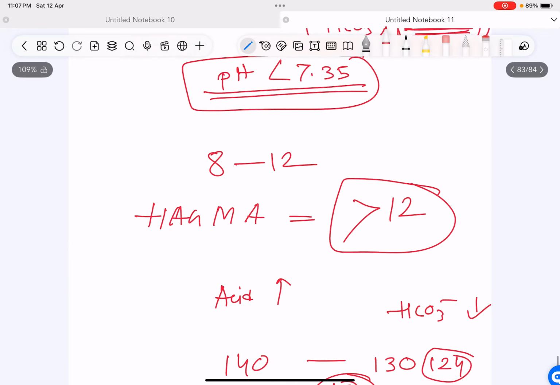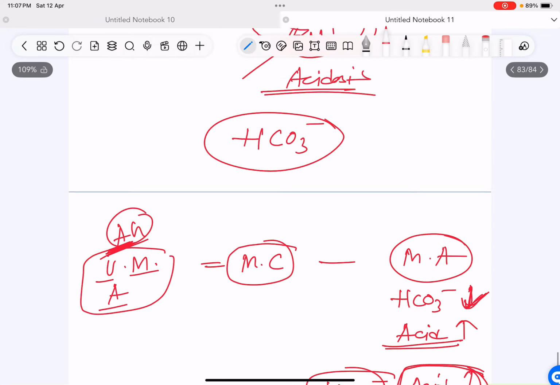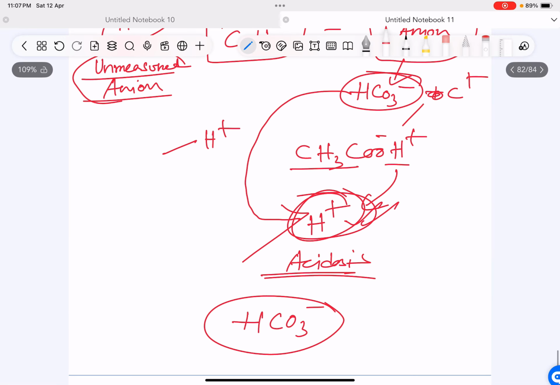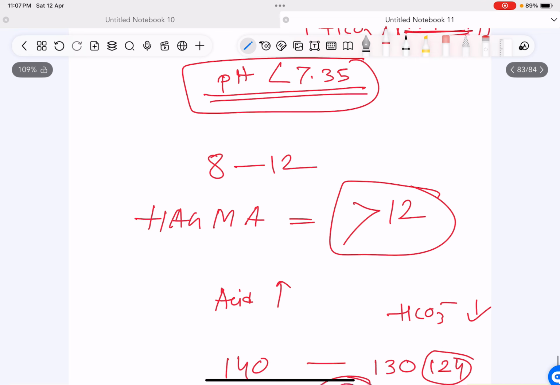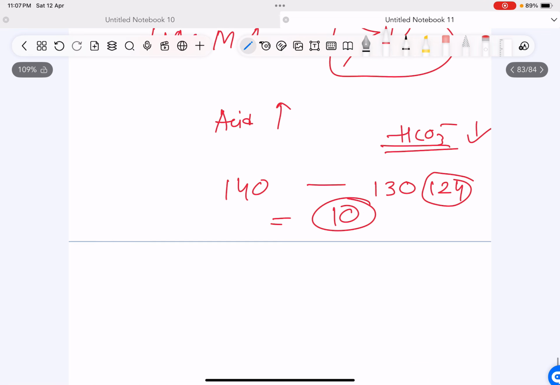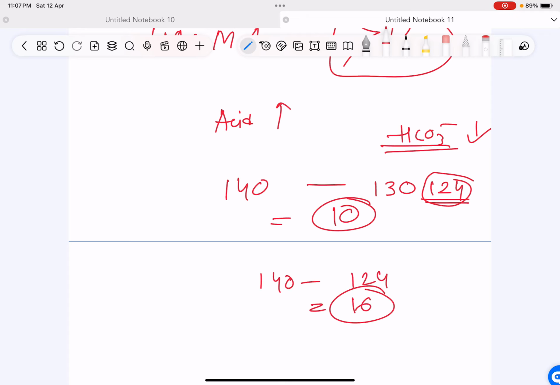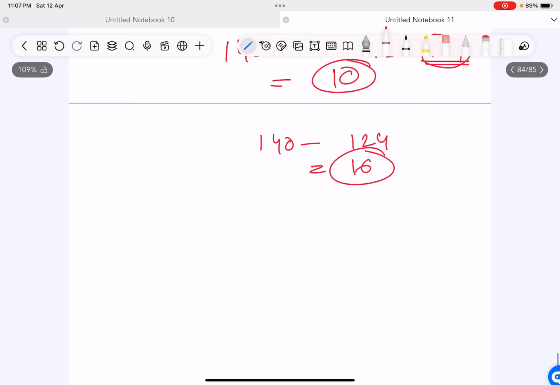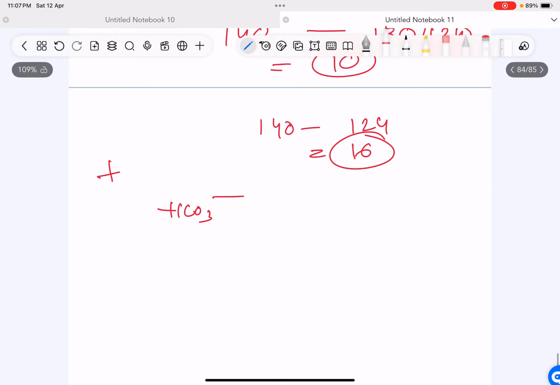Because it went to fight against this H plus that came from the acid. So HCO3 minus went to fight against it, and in order to fight against that, it got sacrificed, and that is why the total anion level has gone down. So now what is the result? 140 minus 124. It is 16 now. So in high anion gap metabolic acidosis, your bicarbonate levels are getting low, and that is why you have a high anion gap metabolic acidosis.